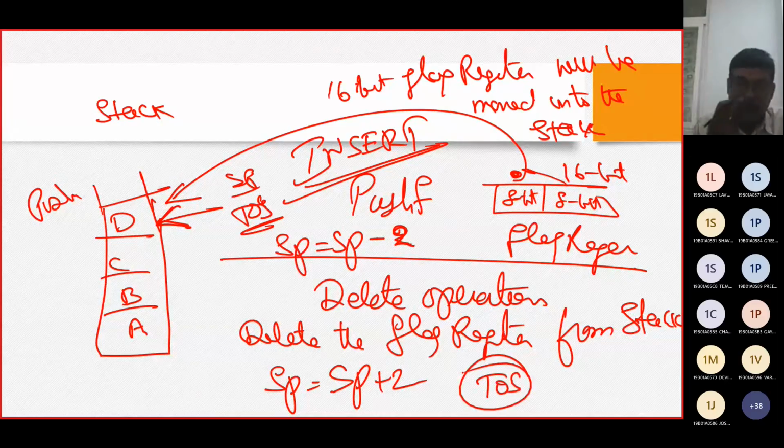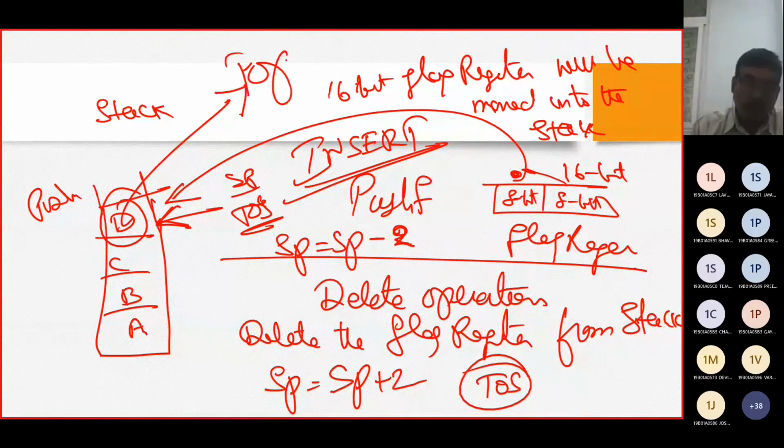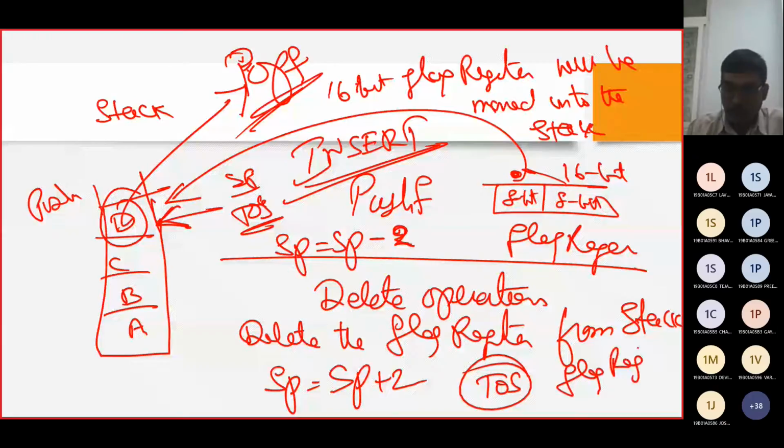So we are going to move it off, and we call it pop flag. That is, the flag register is removed. So this will be the pop operation.